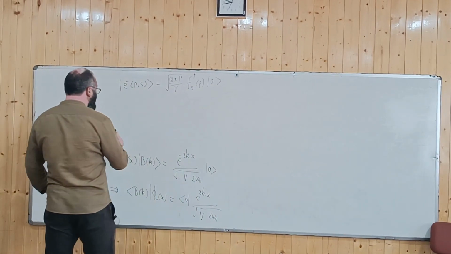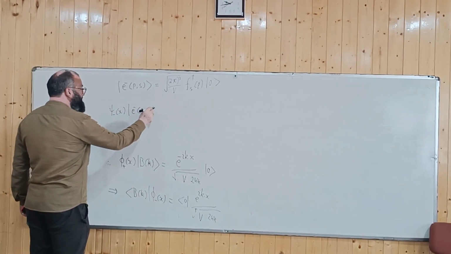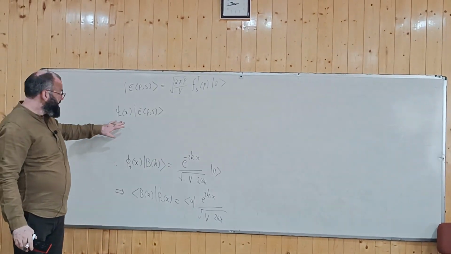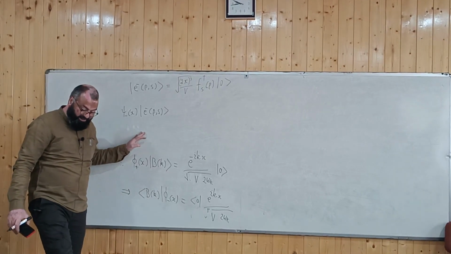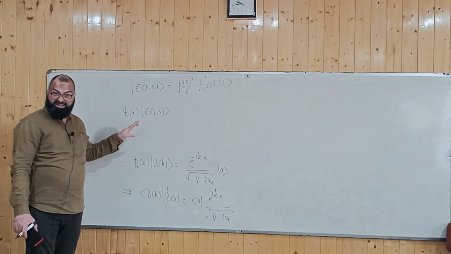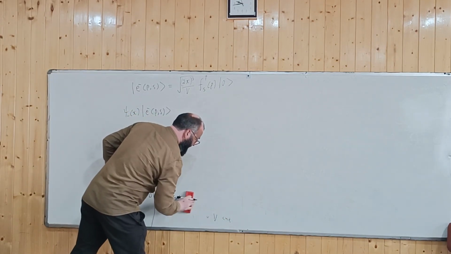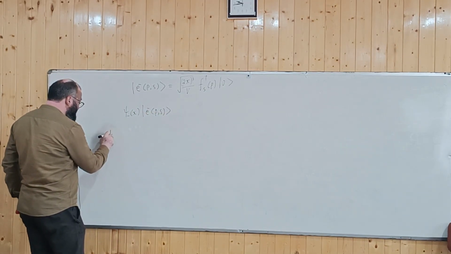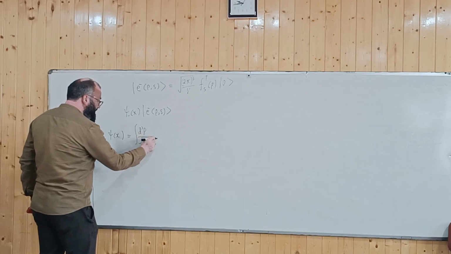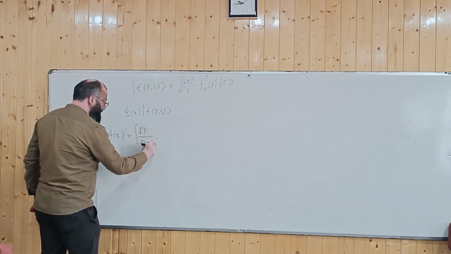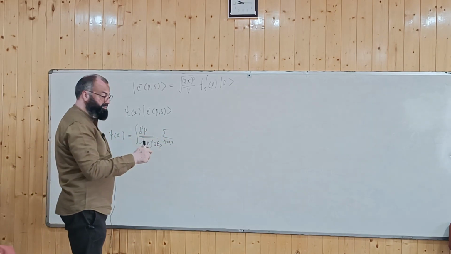So now let's act this psi minus of x on this. What is psi minus of x? Can anybody tell me? Psi minus of x is the annihilation operator for a fermion. This I have been telling you all along. Is it true? If anybody is still in confusion, let me write the formula again. What is our psi of x? That contains d3p divided by root of 2 pi cube twice E_p, then there is a sum, s running from 1 to 2 because two spin components are there.